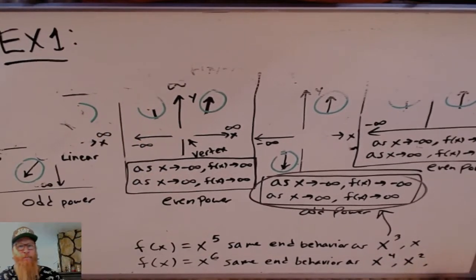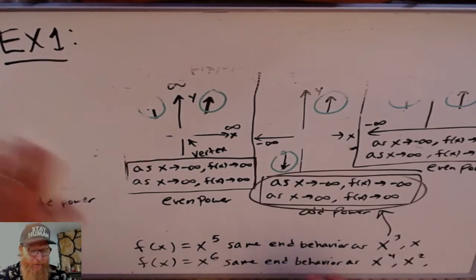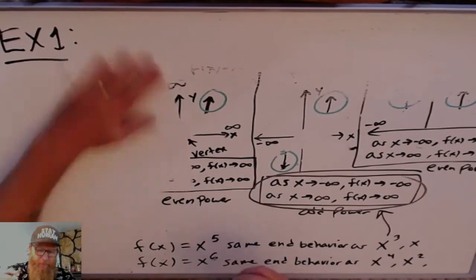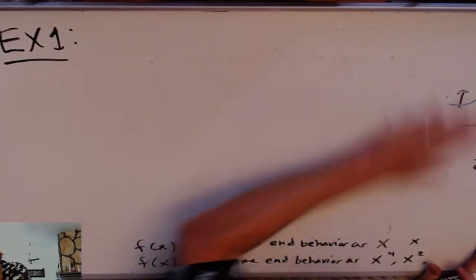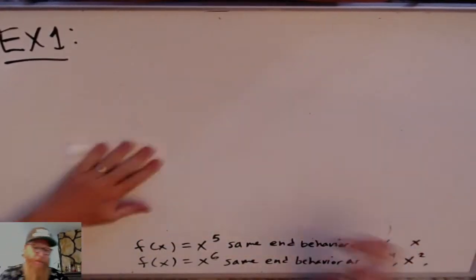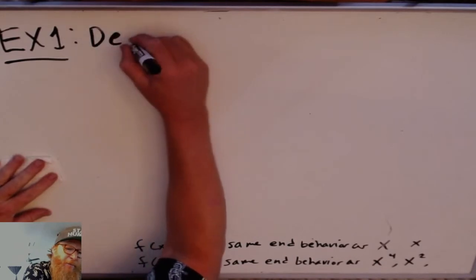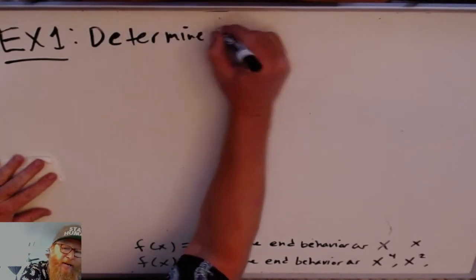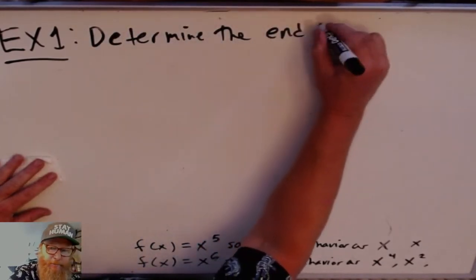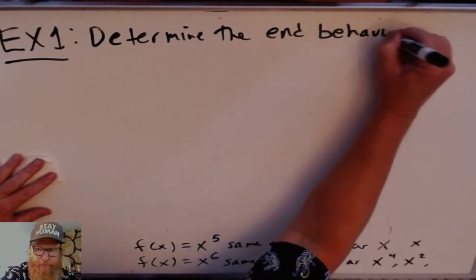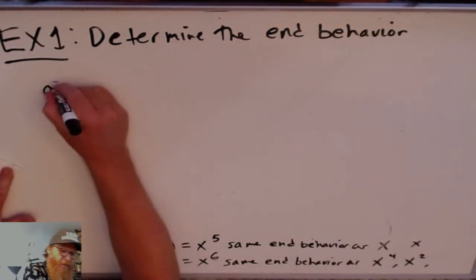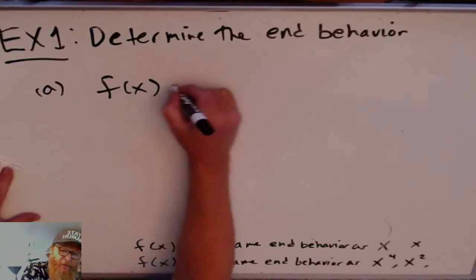I want to start numbering now that I'm done with the welcome message. Welcome to end behavior. Welcome to the end. So example 1, determine the end behavior. Let's do a couple different ones.